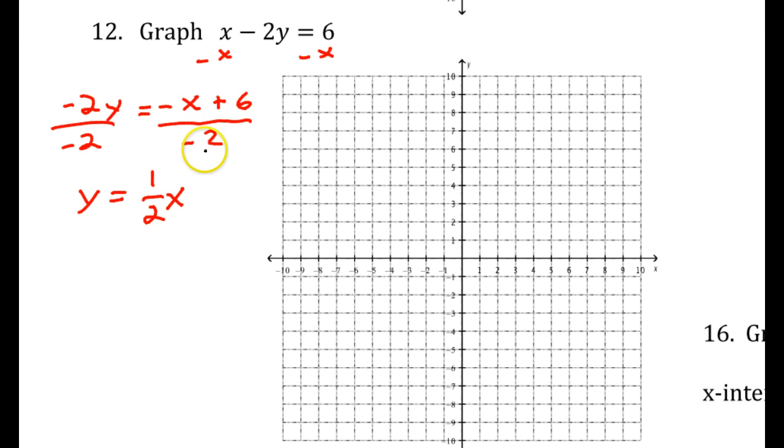Negative 6 over negative 2. Oh, sorry, positive 6 over negative 2. Negative 3. So this line is going to be going up because positive, but starting at negative 6. 1, 2. Arrows on either side. So just be careful on the double negatives.